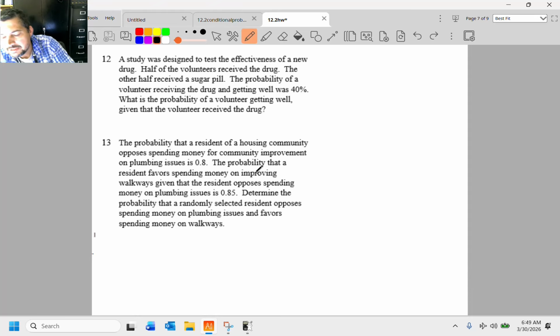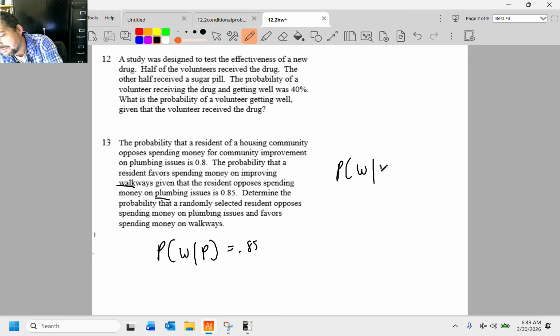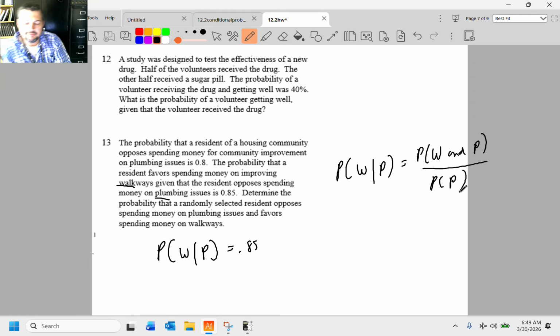They give us this sentence: the probability that a resident favors spending money on walkways given they oppose spending money on plumbing is 0.85. I'm going to start with this. The probability of walkways given opposing plumbing should be the probability of walkways and plumbing over the probability of opposing plumbing.